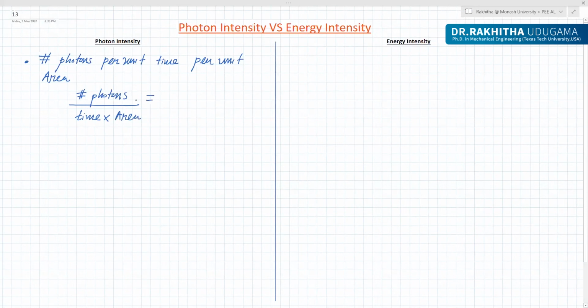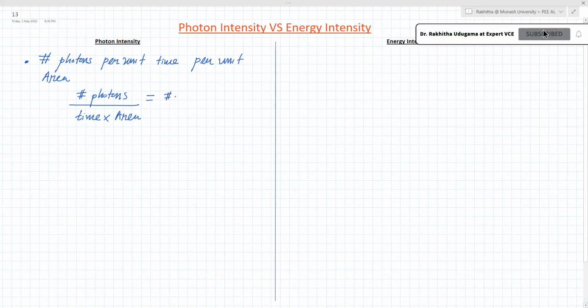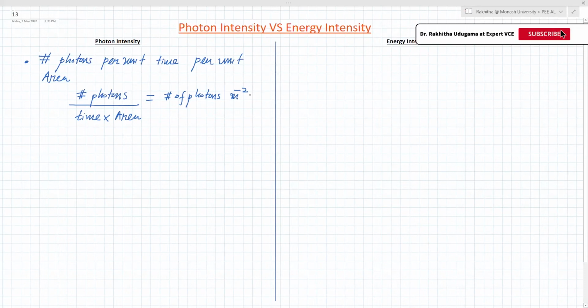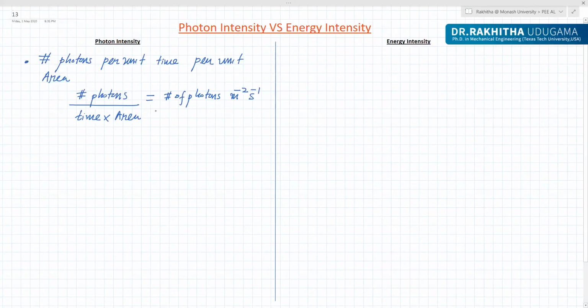Unit wise, this is number of photons per meter squared per second, m minus 2 s minus 1. This is called photon intensity.